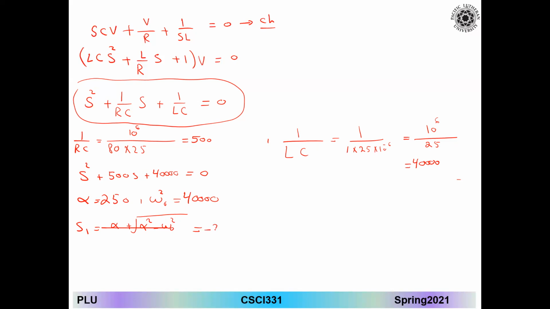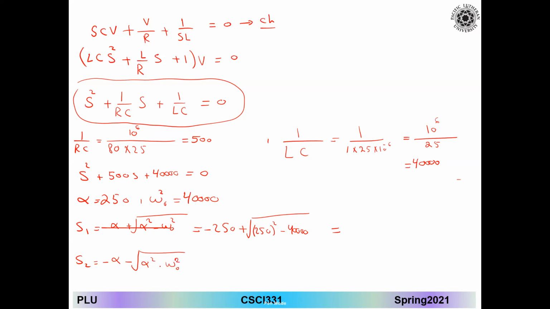This will be minus 250 plus root square of 250 square minus 40,000. Okay, calculate this, how much? And similarly, S2 will be minus alpha. The only difference is in the root square part: minus root square of alpha square minus omega 0 square.